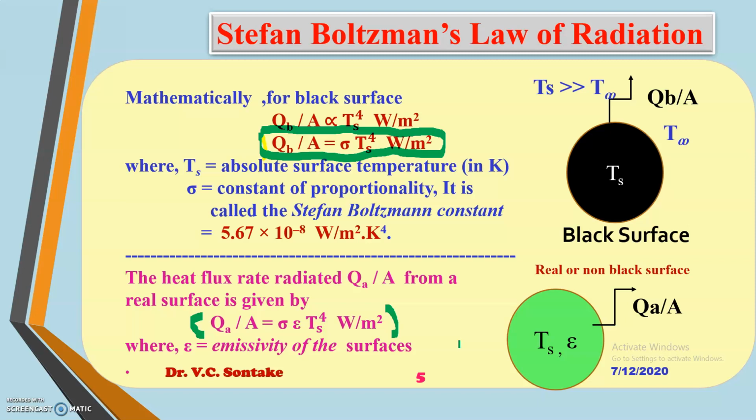Emissivity can be considered as the ability of the real surface to emit radiation from its surface. I can also say the more the emissivity of the surface, the more easily and more readily it will emit radiation from its surface. The value of emissivity is generally between 0 and 1.